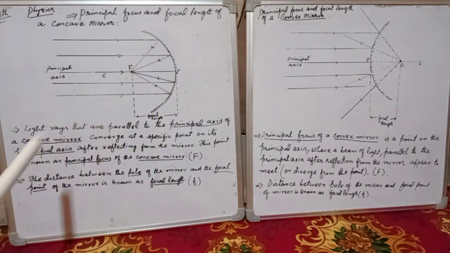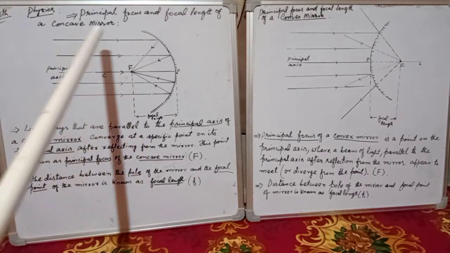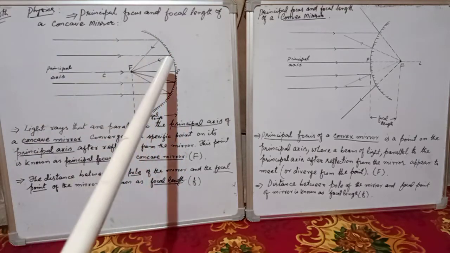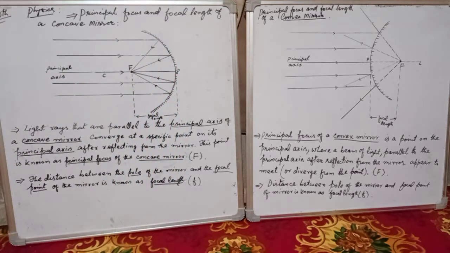They get reflected. All these rays, or we can say a parallel beam of light rays, falling on this concave mirror get reflected from it.